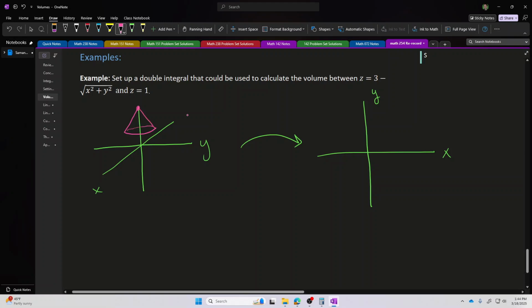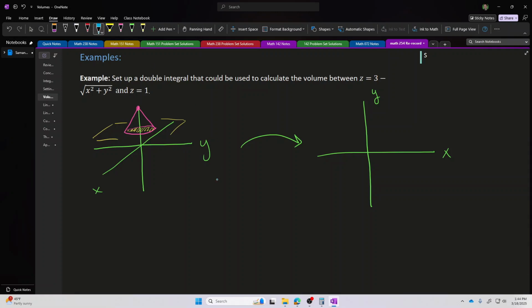And normally that cone would extend down forever, but I'm only interested in the volume of the region between the cone and this flat plane sitting here at z equals 1. So as soon as we hit the plane at that level, z equals 1, we're going to stop the cone there. And the volume that we're trying to find is the volume that is under this cone but above this plane.